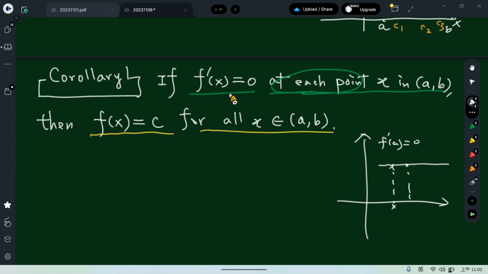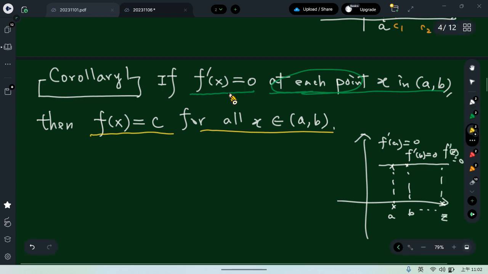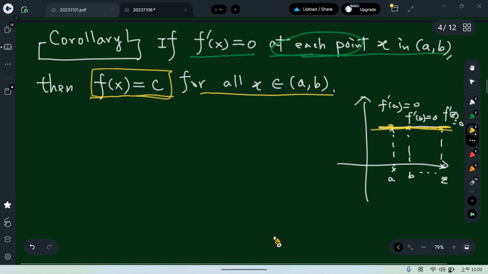This point is 0, and f of z is 0, right? So at each point, you always have a horizontal tangent line. So only constant function meets the case, right?